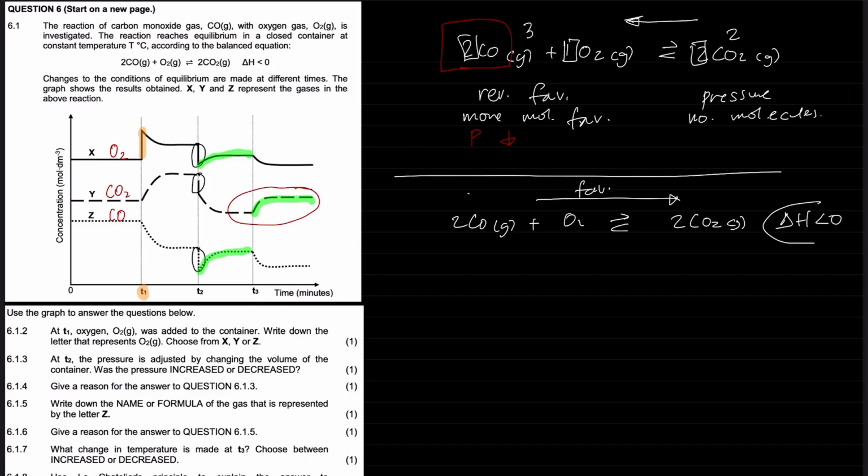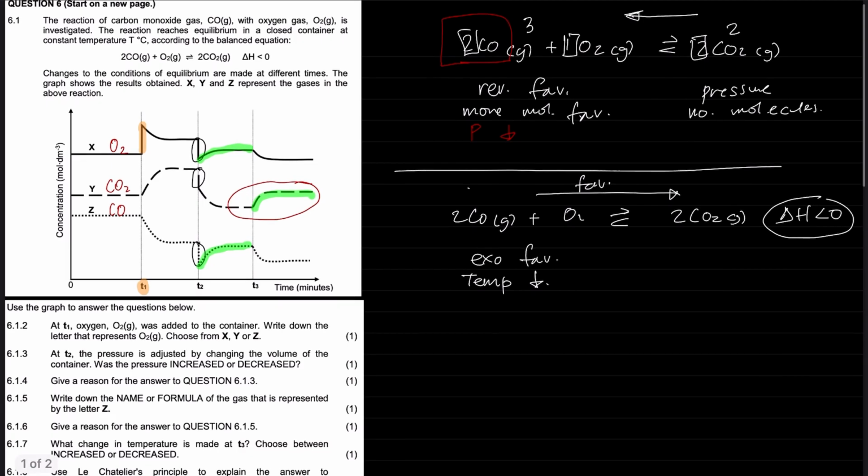And the forward reaction is exothermic. The only time an exothermic reaction will be favored is if the temperature is decreased. So since the exothermic reaction is favored, the temperature must have decreased.